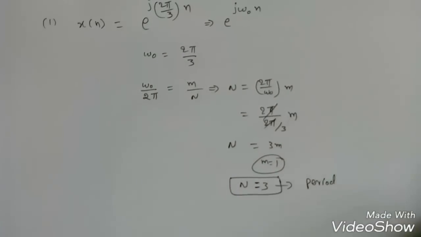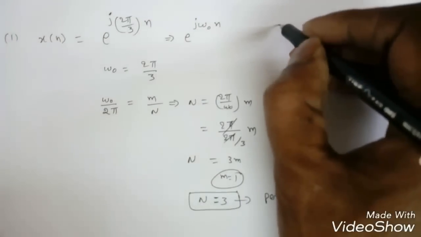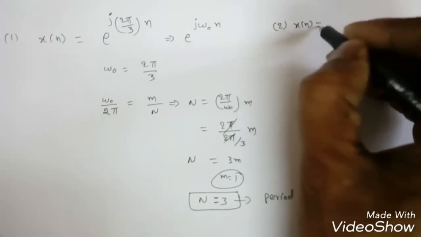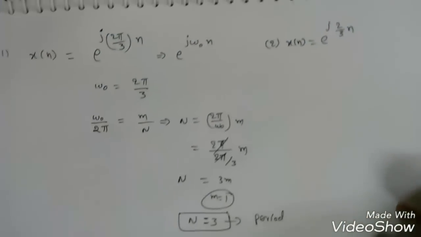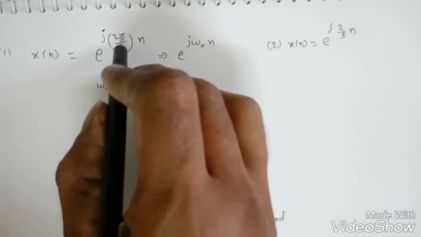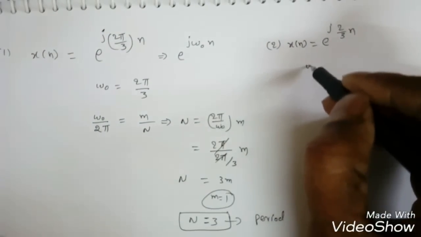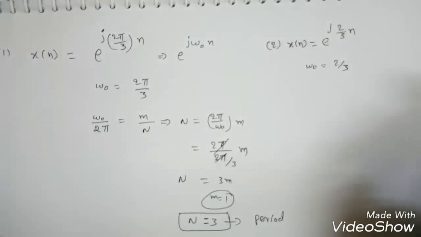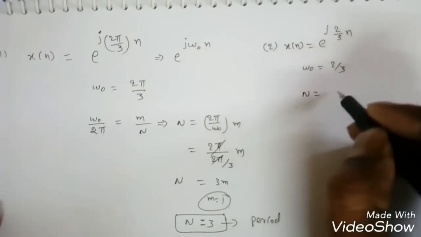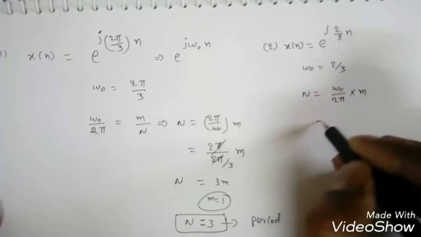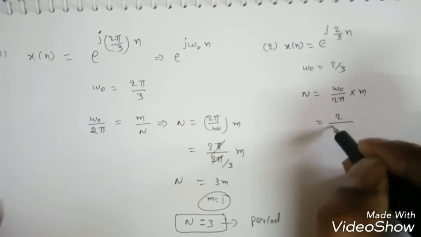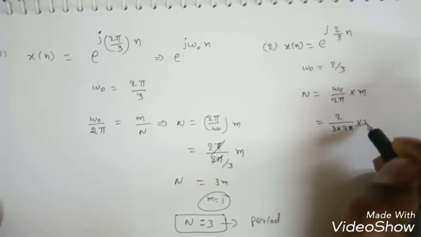Right? If I take the same example, x of n is equal to e power j 2 by 3 of n. I am not considering pi here. So what is omega naught here? 2 by 3. Next, N is equal to 2 pi by omega naught into m. That is 2 pi into 3 by 2 into m.